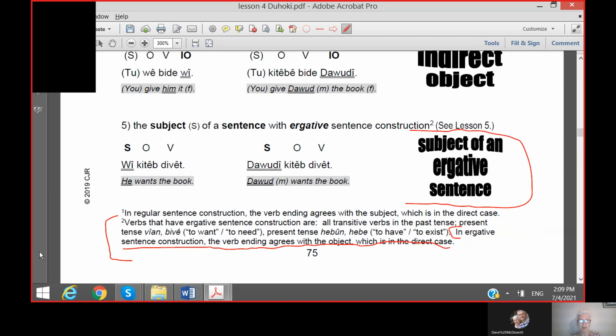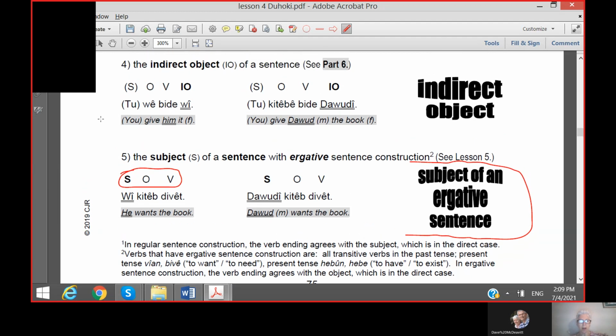And that's just weird. Okay, so let's look at a sentence here. Subject, object, verb. This is normal sentence construction, normal order for sentences. And in regular sentence construction, number 4, right up above, the verb ending agrees with the subject.